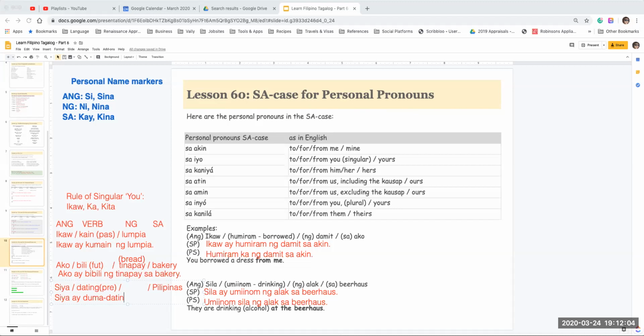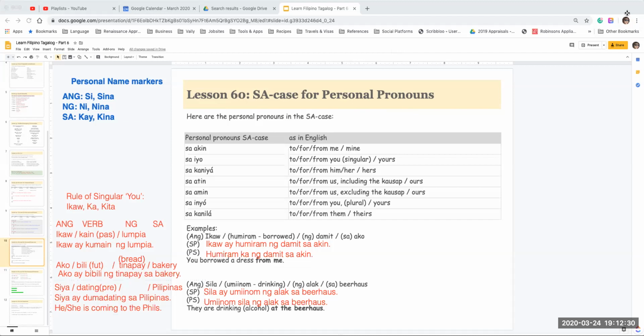Dumadating. Yes, coming. Dumadating sa Pilipinas. Yes. So this means he or she is coming to the Philippines. All right. Very good. Good job.